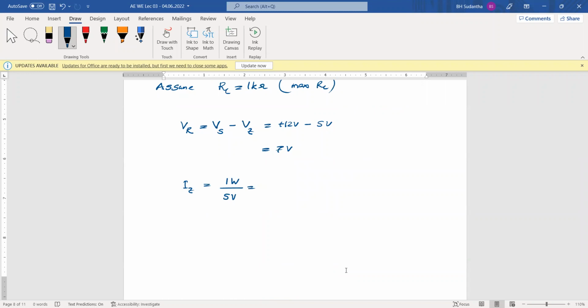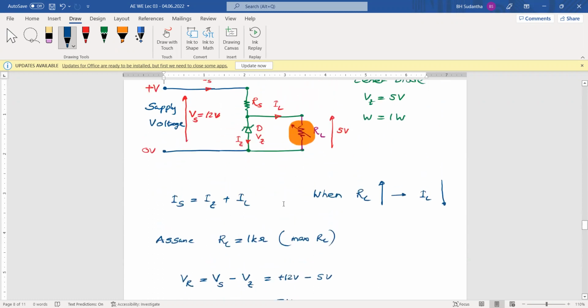It's nearly 200 milliampere. The maximum IZ current is 200 milliamp. The Zener can handle a maximum of 200 milliampere current through it.